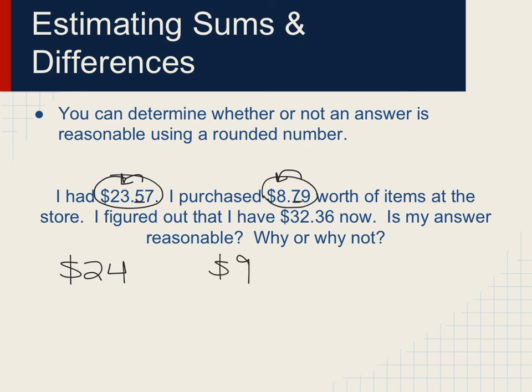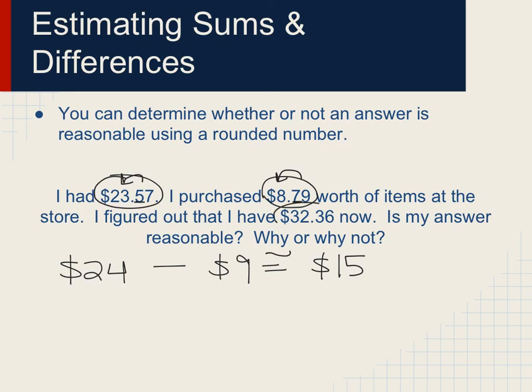I know that by purchasing something, I am spending money, which means taking away from my original amount. So I've got $24 minus $9, which leaves us with about, approximately, the little squiggly line over that equal sign means approximately, $15.